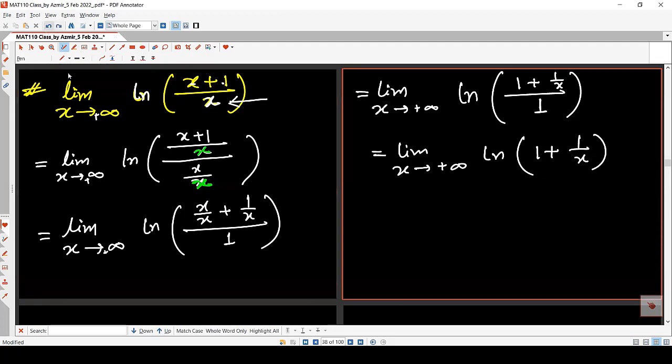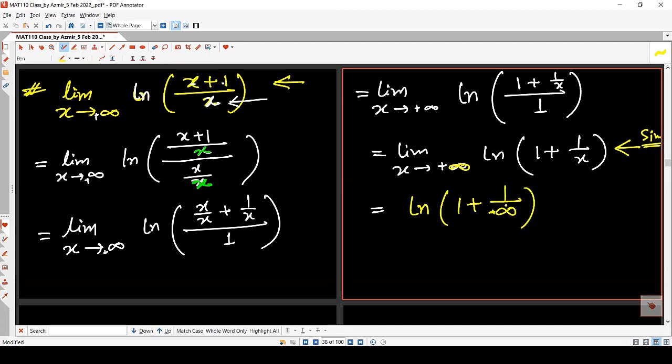We can skip that. Okay, now we can input infinity where we have x. This is the simplified form. So we are applying all these techniques so that we can simplify the given limit as much as we can. So now we are plugging in infinity. Natural log of 1 plus 1 divided by infinity.